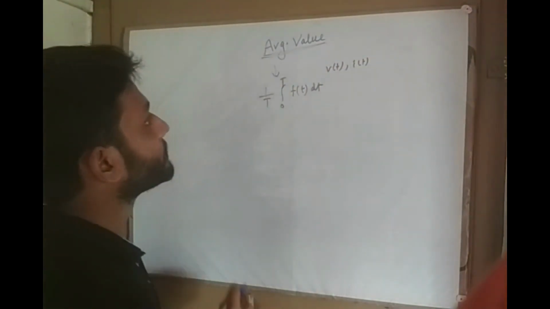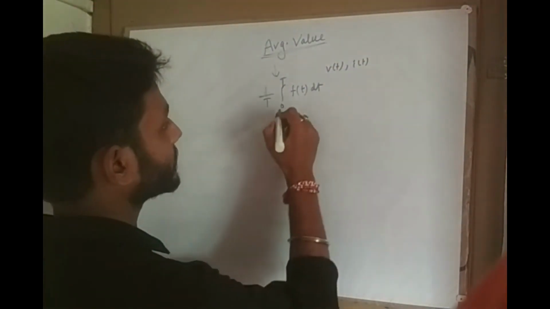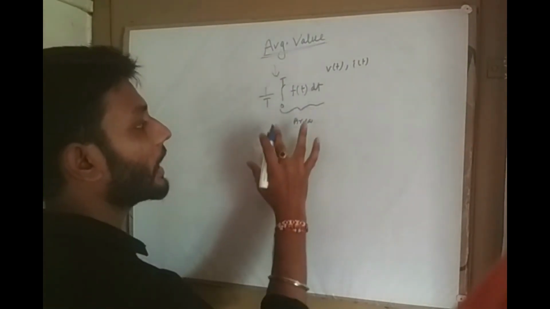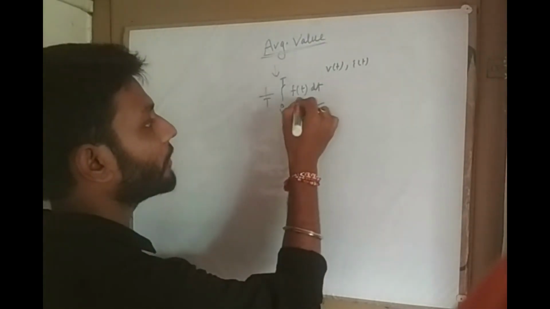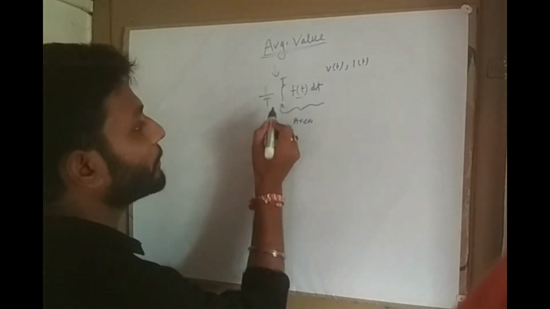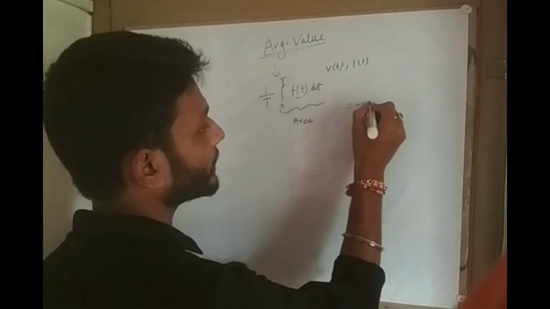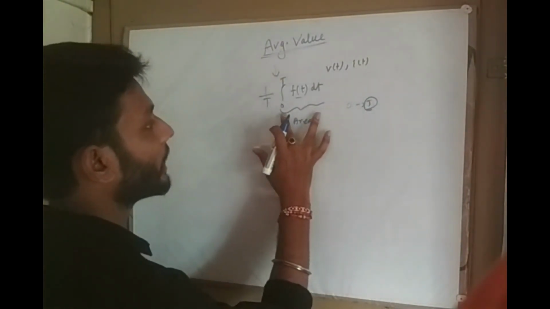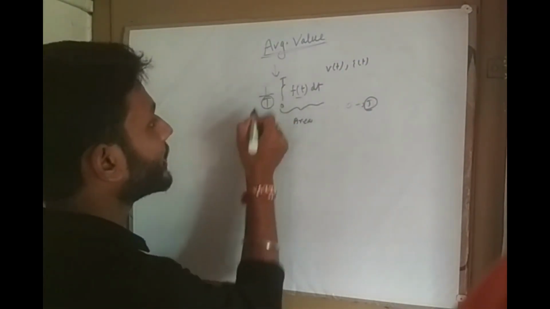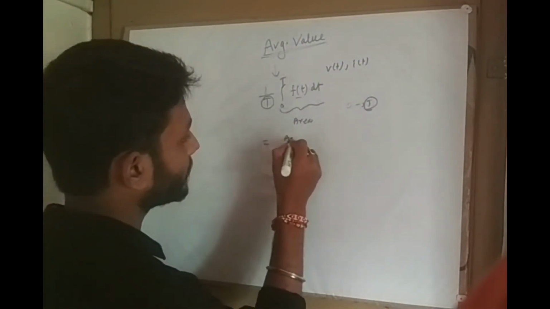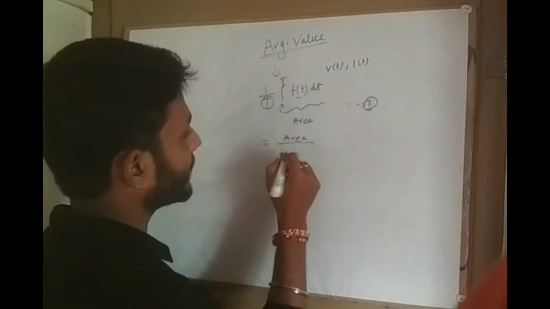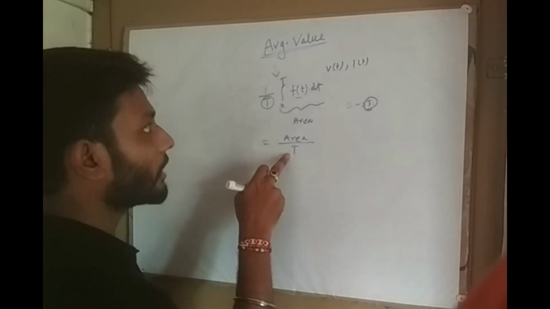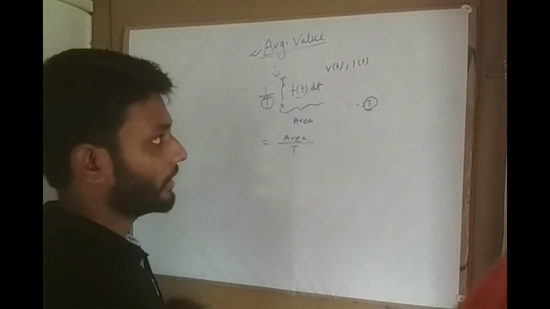What does it indicate? This is nothing but the area of the signal f of t over one time period 0 to T, divided by the time period value. This is nothing but the average value.